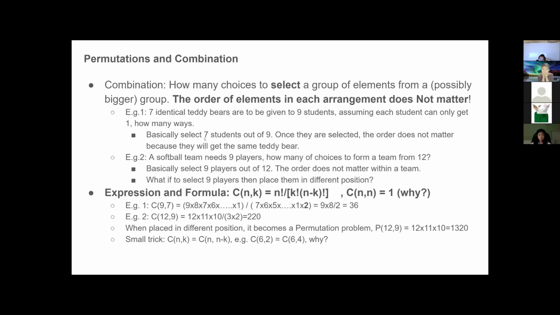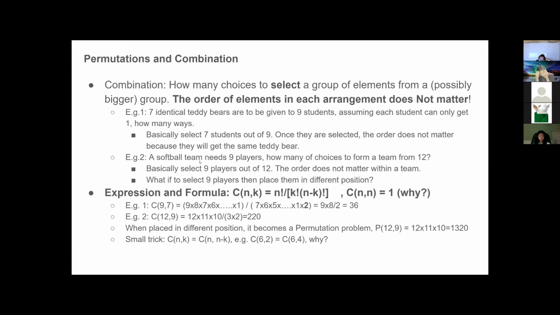Once it's selected, you don't have to arrange them anymore because everyone just gets the same teddy bear, okay? In this case, it's C(9,7). So we use combination: we pick 7 out of 9, and the order doesn't matter.